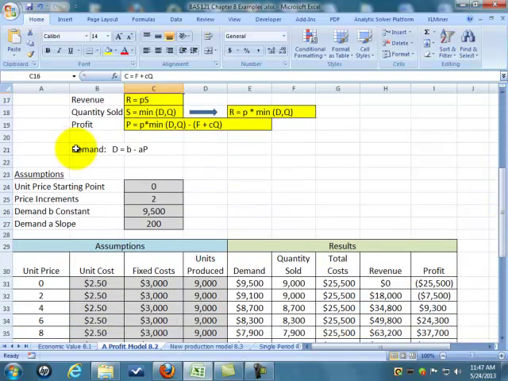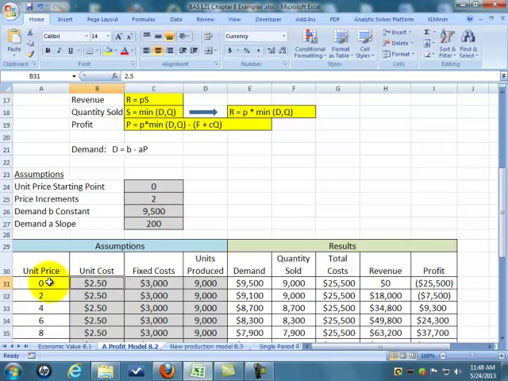They told us demand was a linear demand function, B minus A times P. So here are some assumptions. I put in a couple of additions here: what's our starting point and what are our price increments, so we can see some tables. Here's what our assumed B was for our demand function, and there's our assumed A, or the slope of our demand function. And of course, we put these up front so you can change any of these assumptions.